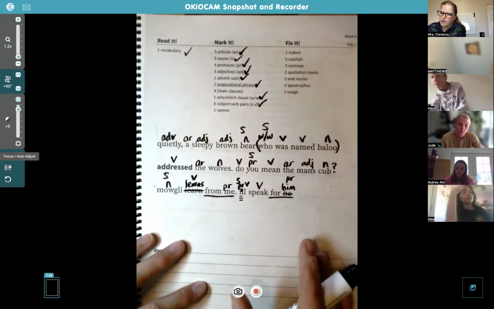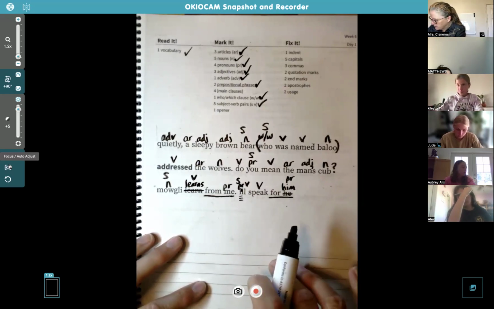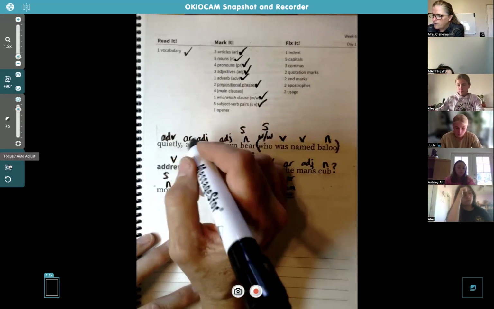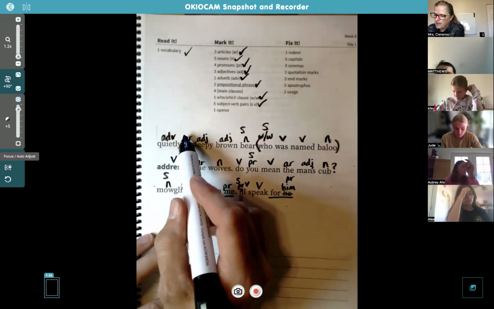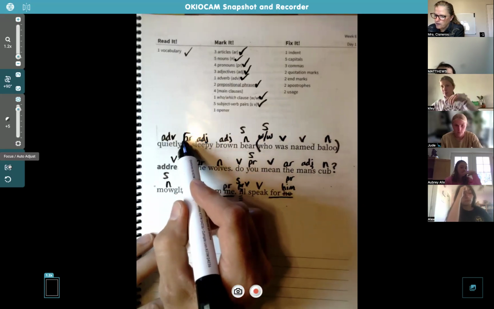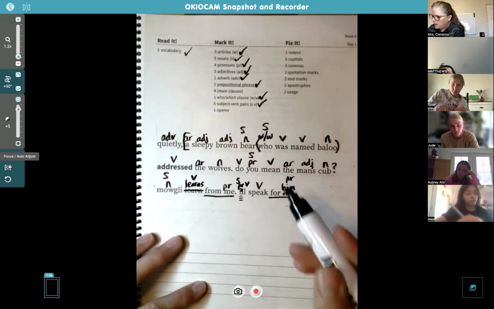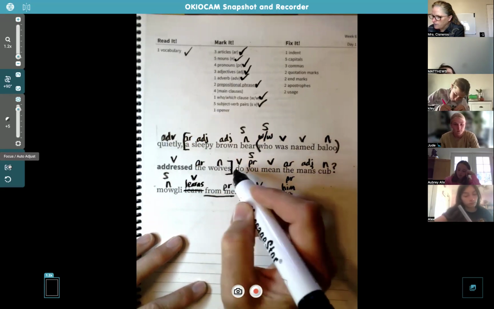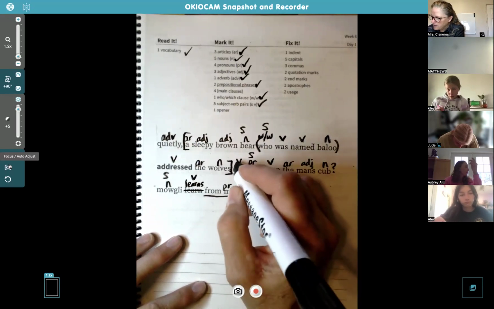So now that we have all of our subject-verb pairs, let's look at the main clauses. When you have a main clause and there's an adverb opener right here, we're not going to count that as part of the clause. So I'm going to start the first clause right where it says a, and it's going to go all the way to wolves. That's the first clause. The second clause is the next sentence.